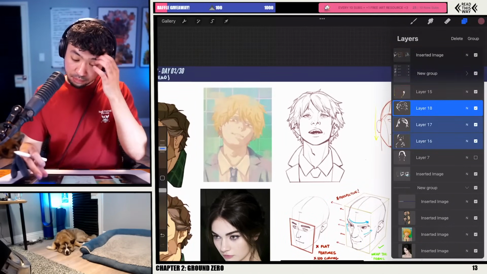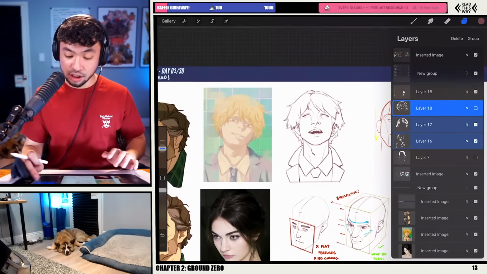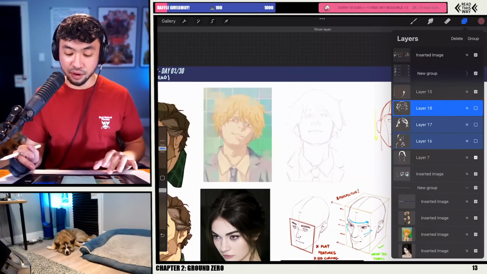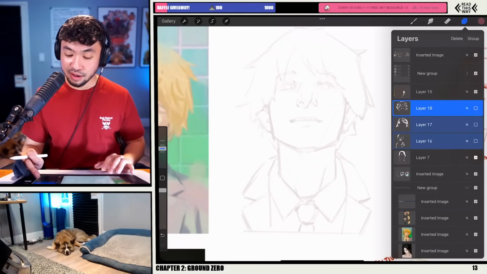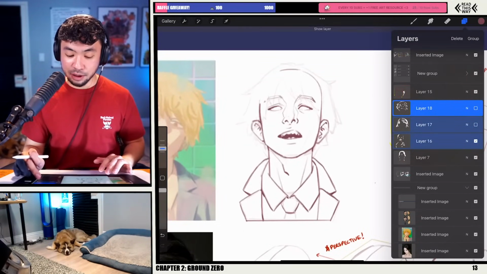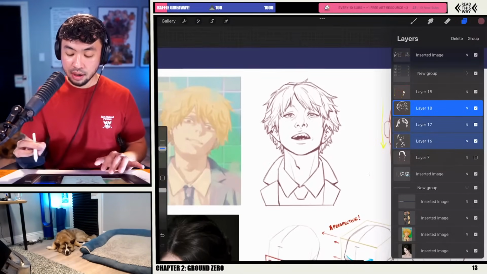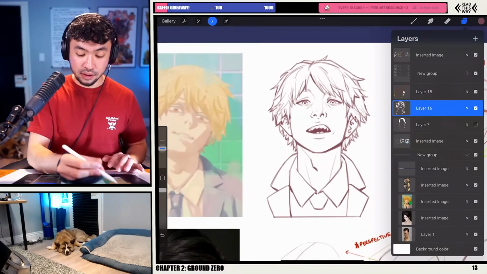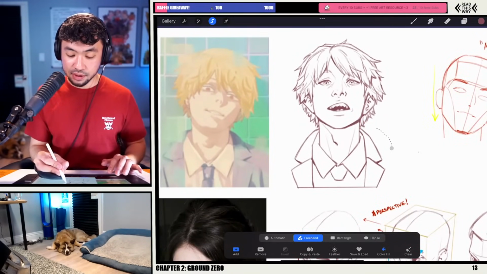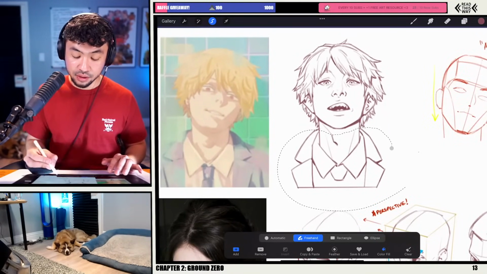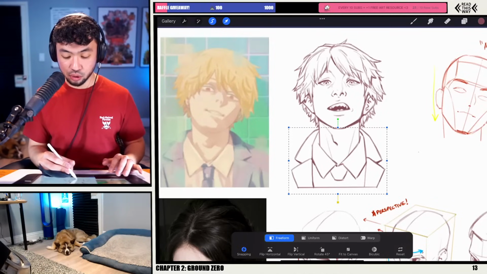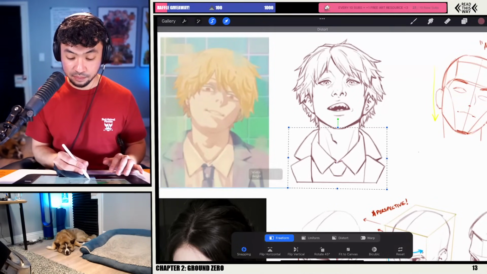Okay, but let's merge. Let me show you guys a before and after. Okay, so this is what we started off with as my rough sketch. Cleaned it up a bit with the face there, added in some details for the hair, and then there you go. Now what I'll probably do is I'll merge all this together, and I will take the torso here. And I'm also going to shrink it down a bit.